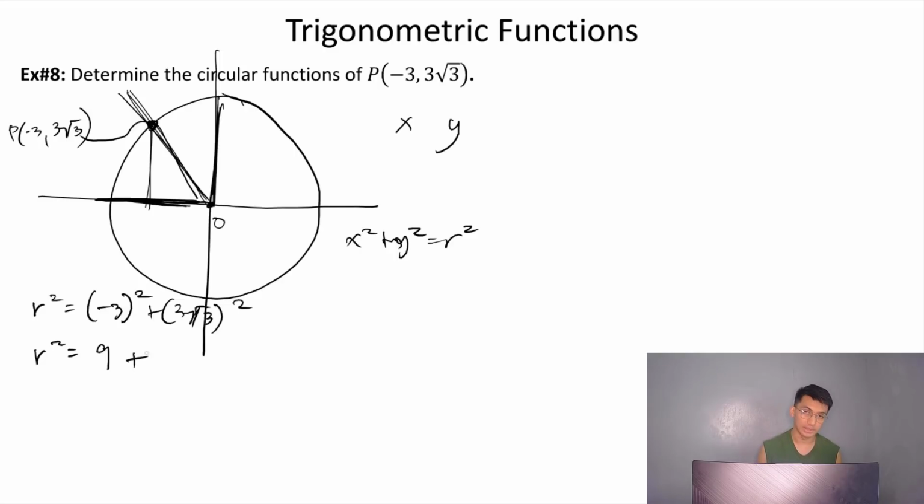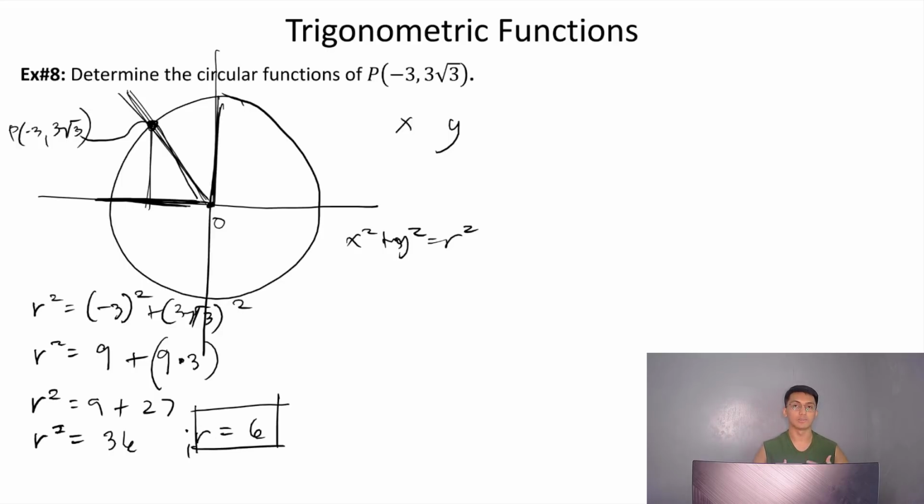Plus 3 square is 9 also. And square root of 3 raised to 2 is simply 3 na lang po siya. So, we have r square is equal to 9 plus 9 times 3 na 27. And r square is equal to 9 plus 27, we have 36. And square root of 36, r now is equal to 6. Ito po ang ating value ng r.